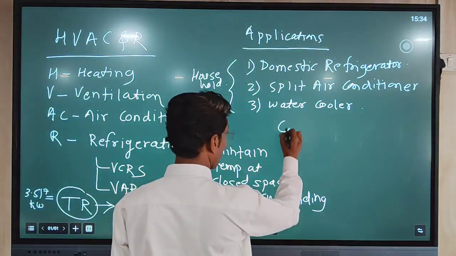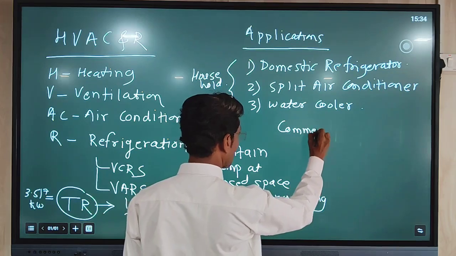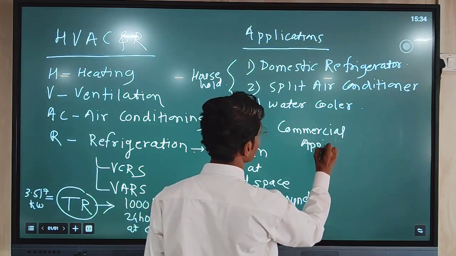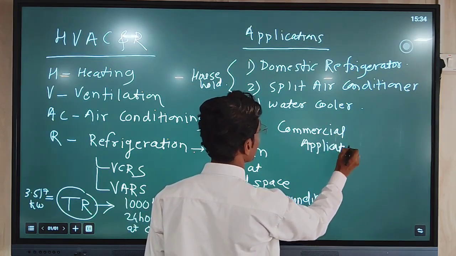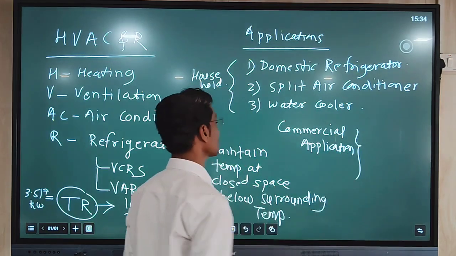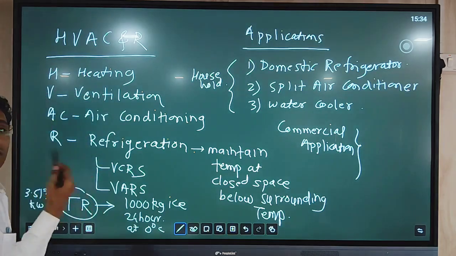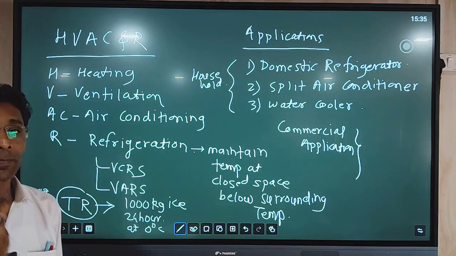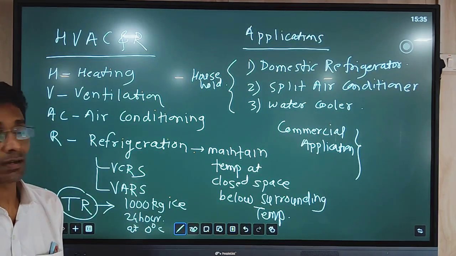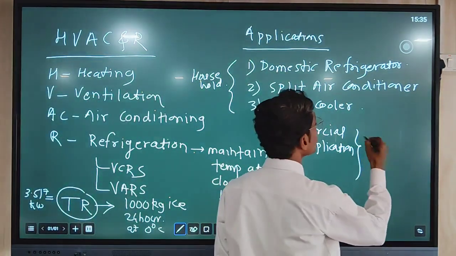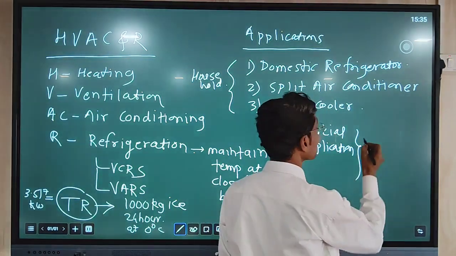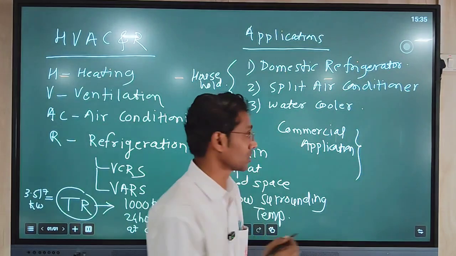And commercial level. Commercial applications are where the tonnage capacity is more than 25 TR, around 10, 15, about 25 TR. In that, cooling of theaters, malls, where the central AC system is used.